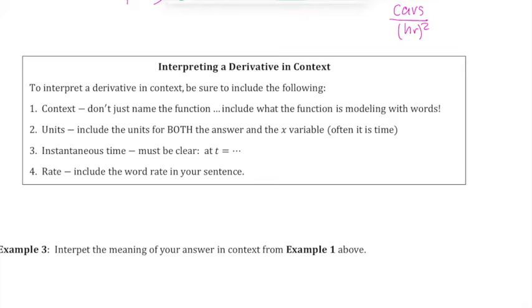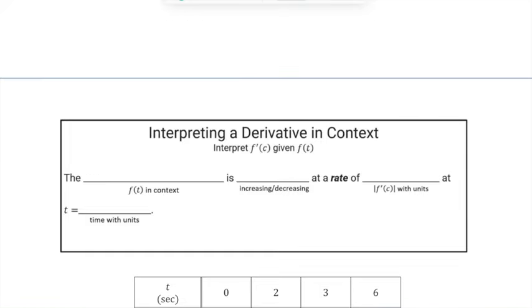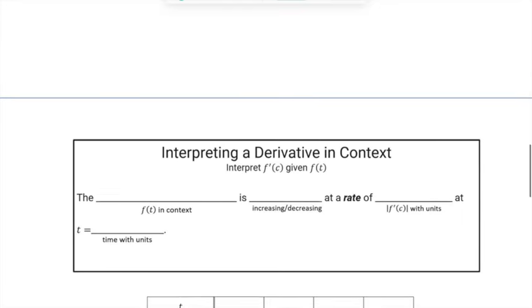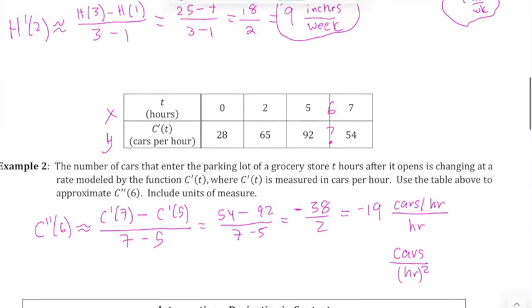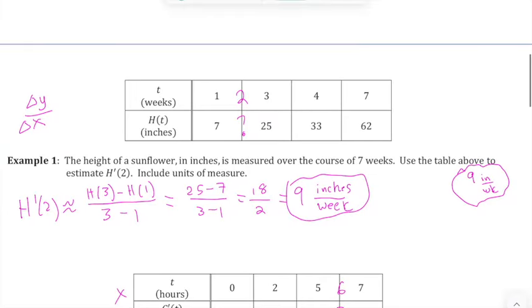All right, so interpret your answer in context from number 1 above. So I'm going to give you a sentence frame here. So we're going to fill this in. This is kind of the sentence frame when you're interpreting your derivative. So if you look up top, example 1 is right here. So what is the context? We're measuring the height of the sunflower.